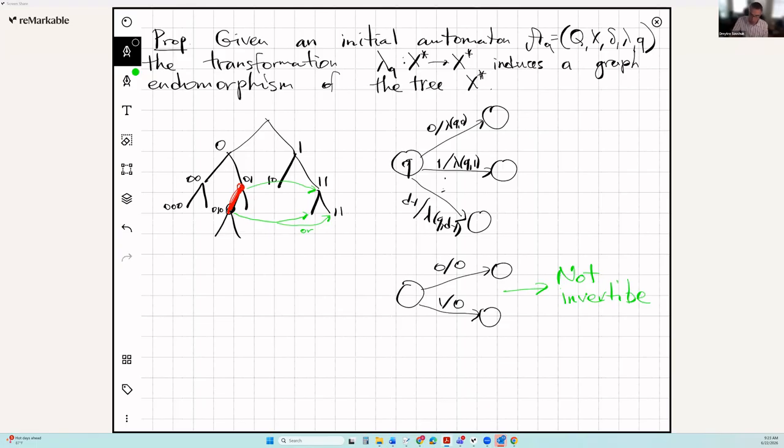In order to be invertible, you want to see the permutation at every vertex, at every node of the automata. Okay. So definition.